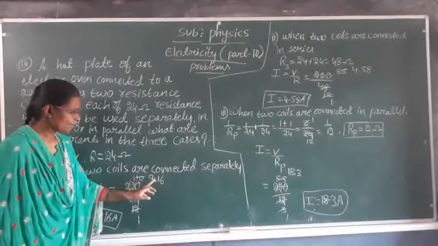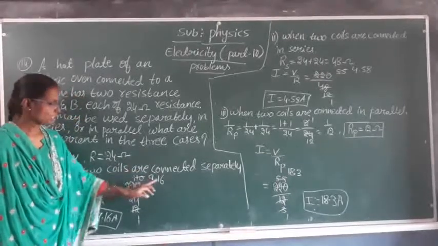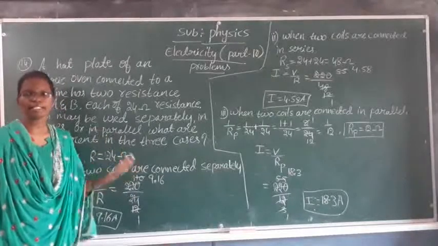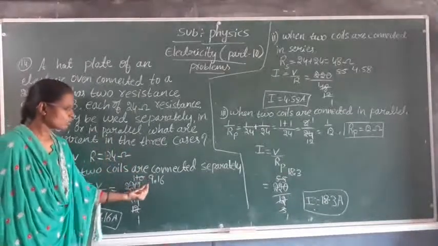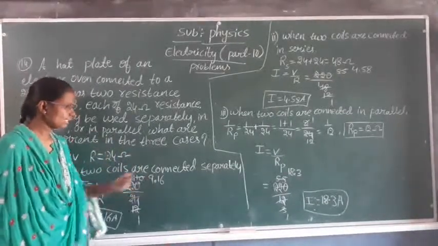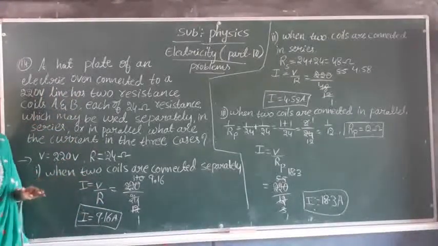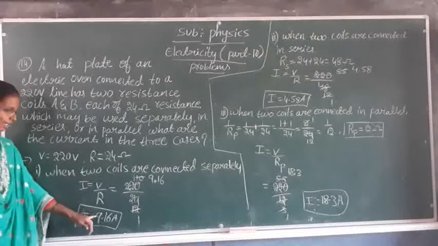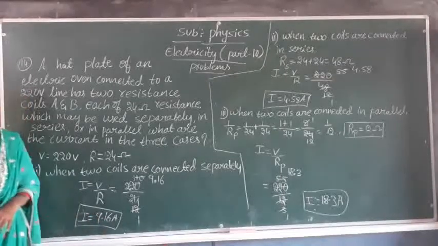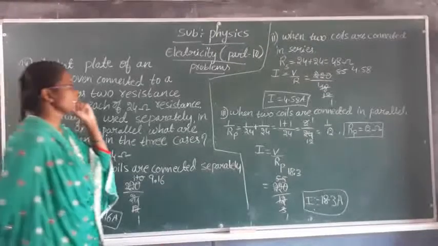So here 8 remains. So 80. So 12 6s are 72. So again remainder 8 remains. So what is the value? 9.16. So when the 2 coils are connected separately, the current is 9.16 ampere. Let's see the next case.